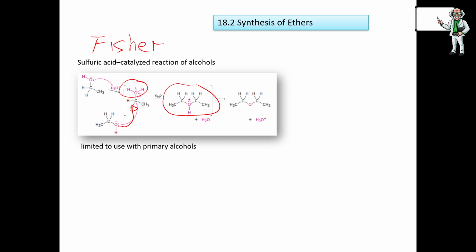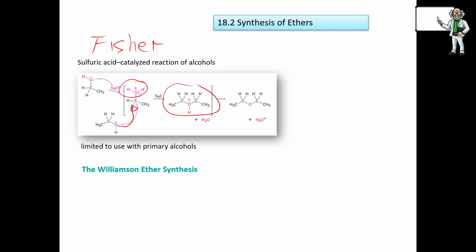We will never know which alcohol we are protonating. That means that, for example, if I am using methanol and ethanol, and I add acid, what I will get is a mixture of methanol with methanol, that means dimethyl ether, plus ethanol with ethanol, diethyl ether, plus methyl ethyl ether, or ethyl methyl ether is the correct name. That means I will have a mixture of products.